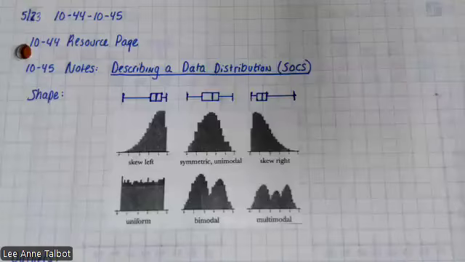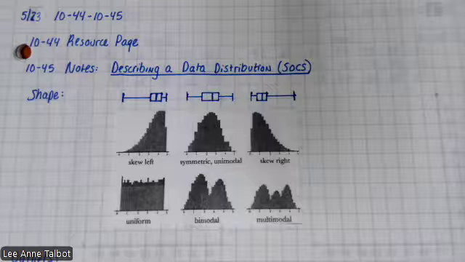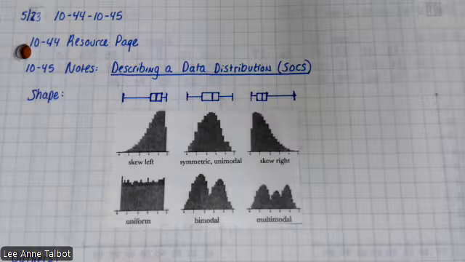On this left skew, the tail is pulled to the left, and on the right skew, the tail is pulled to the right. Think about when you have something on a computer and you drag it: this is dragged to the left and this is dragged to the right. Helps you remember which is which.